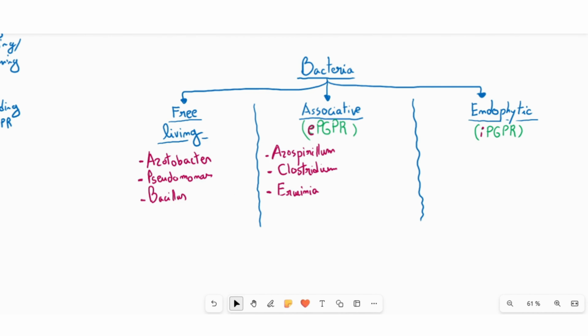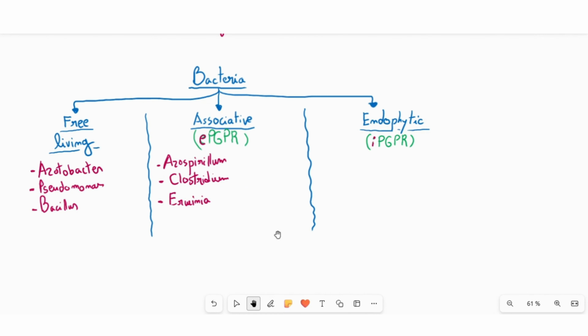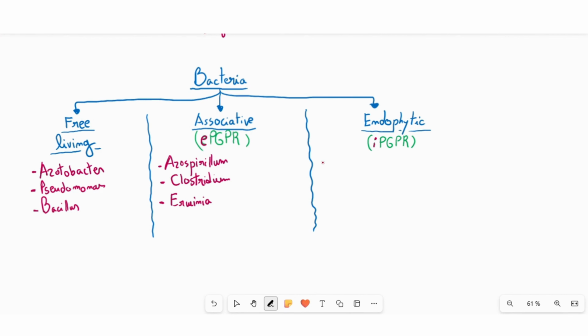And now let's go to the endophytic ones. I really love the endophytics because they are so easy to memorize. And you'll see, we have Rhizobium, now we have Frankia, and last but not least, we have Bradyrhizobium.